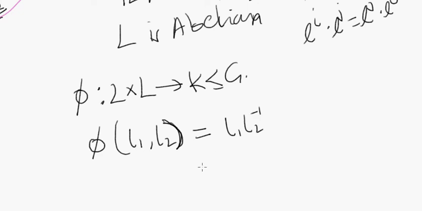But notice that if we consider all values of L1 and multiply every possible L1 by L2 inverse, eventually isn't the image, right? Okay, maybe it's not as much the image, but, alright.